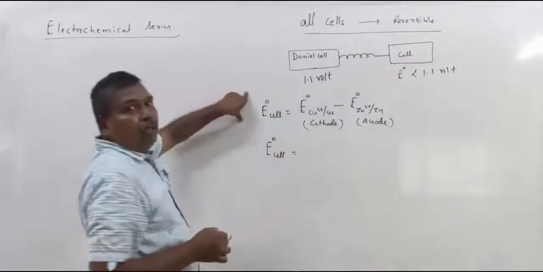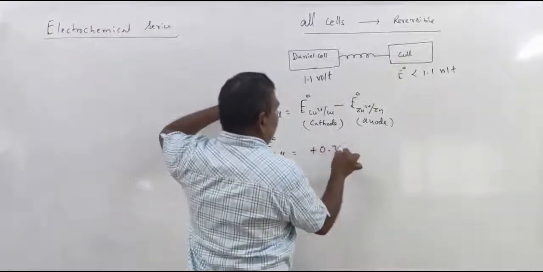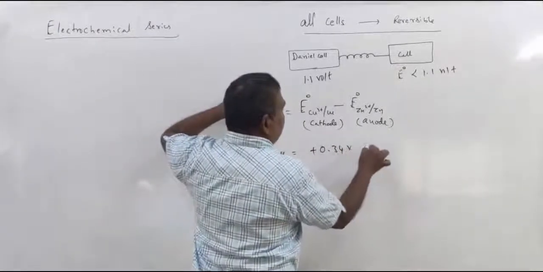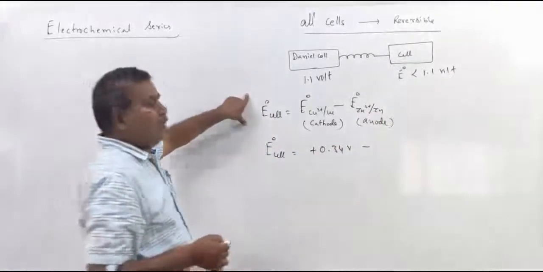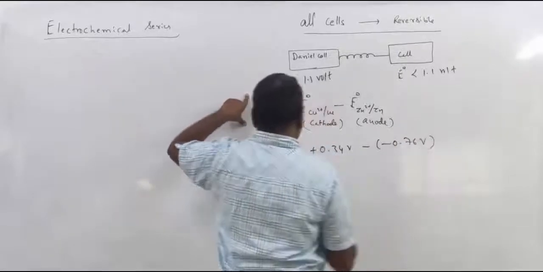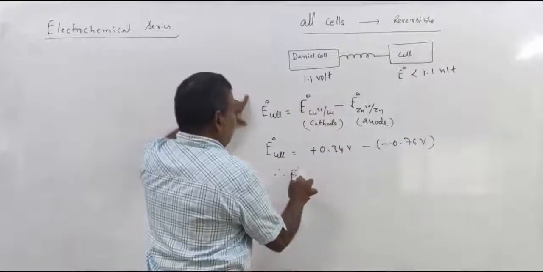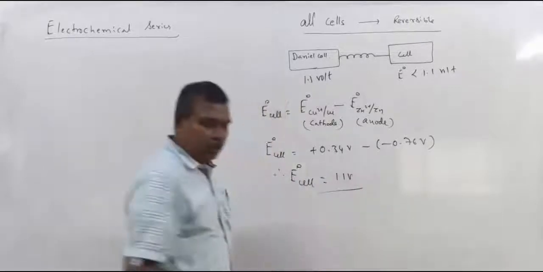What is the copper electrode potential value? Plus 0.34 volts, minus the electrode potential of zinc, minus 0.76 volts. Therefore, E naught cell is equal to 1.1 volt, right?